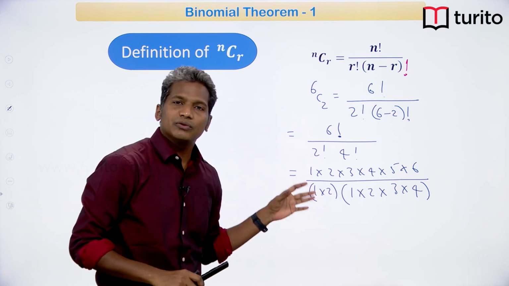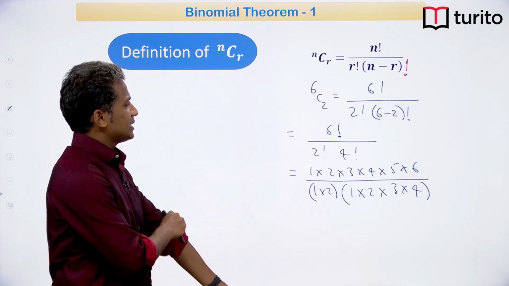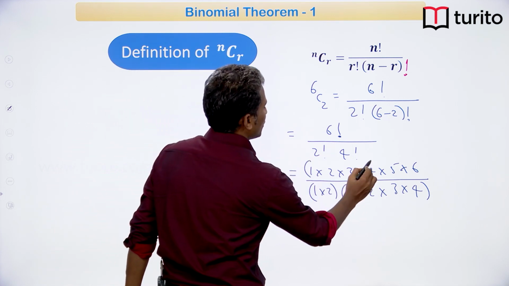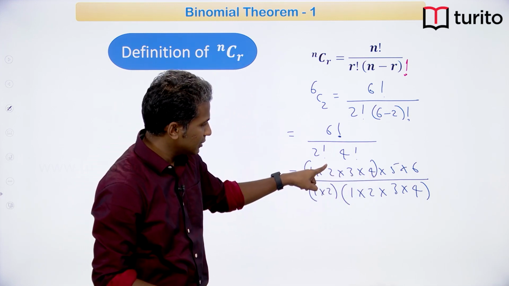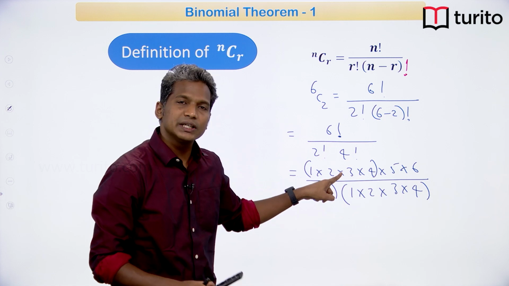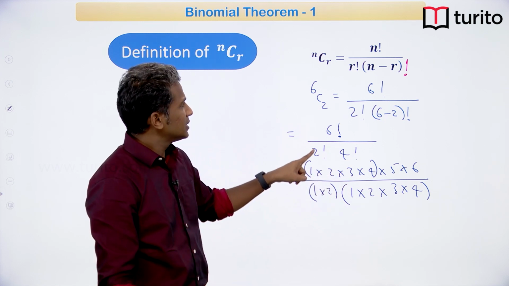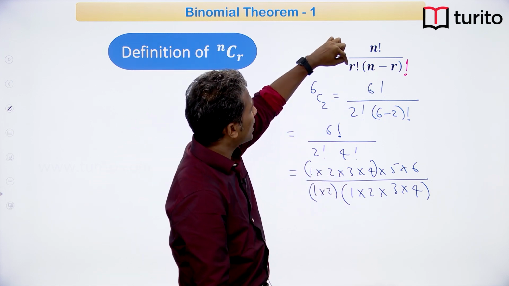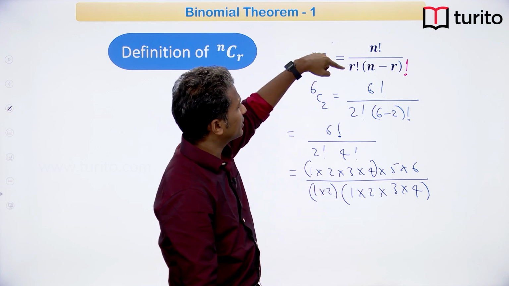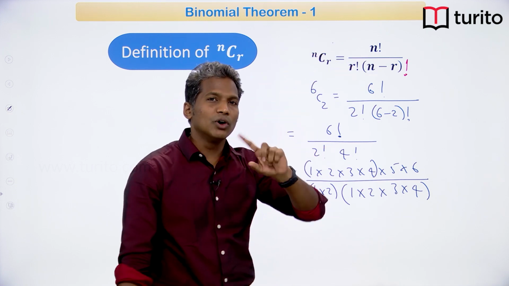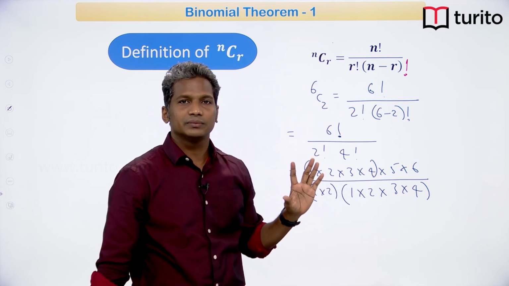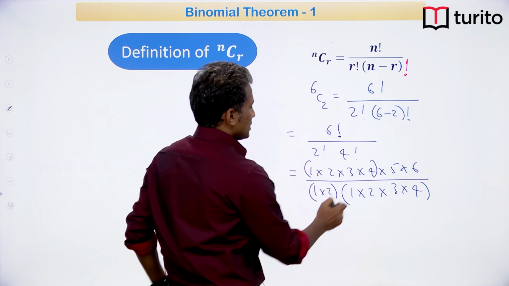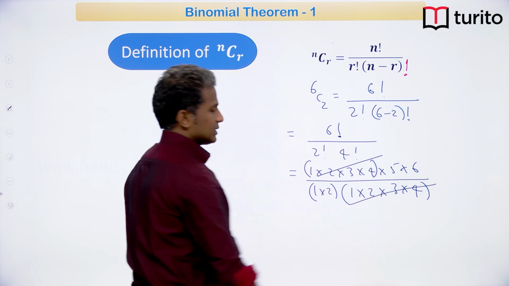But there is a pattern of the calculation also. For example, if you take the product of the first 4 natural numbers, it is actually 4 factorial. So this 4 factorial is definitely getting cancelled. So that means out of these two, r factorial and (n minus r) factorial, one of them is going to get cancelled for sure with the numerator. That is guaranteed, okay. So here 4 factorial got cancelled.